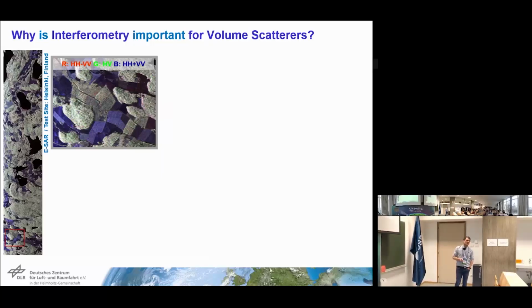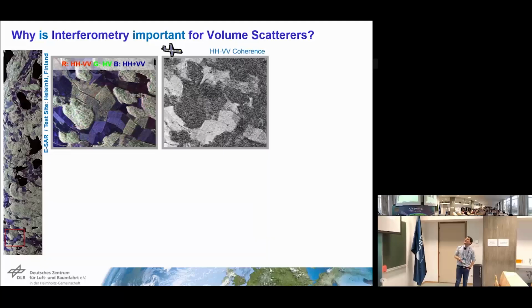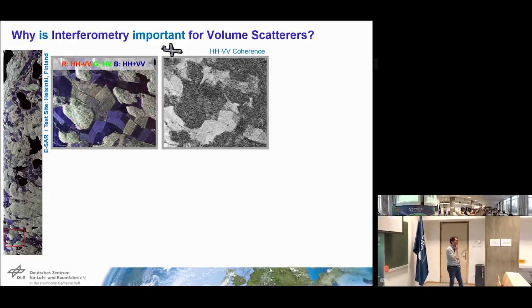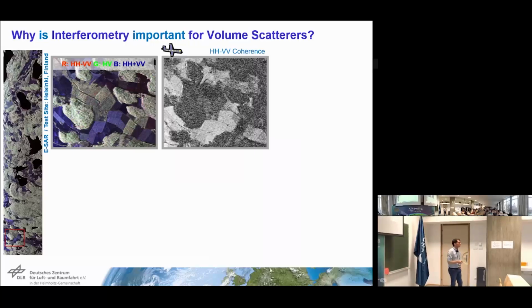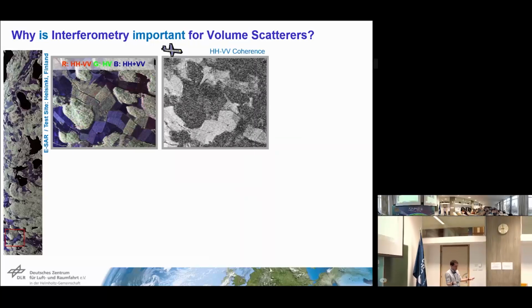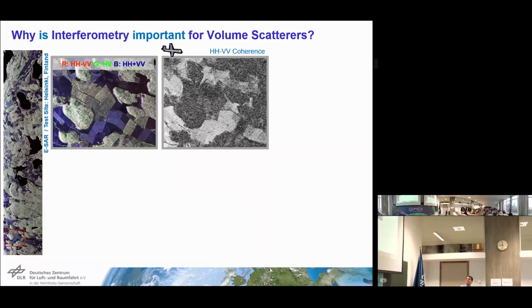So if I make polarimetry only, I can calculate the coherence between HH and VV. Where is your coherence high, in the forest or in the SAR phases? In the SAR phases. And indeed in the forest it's very low. So in this case, HH and VV, in principle they are independent.